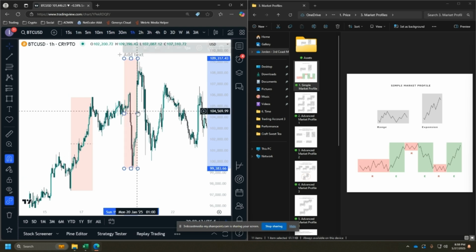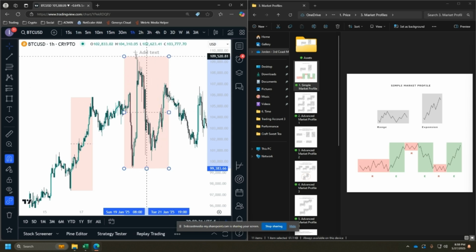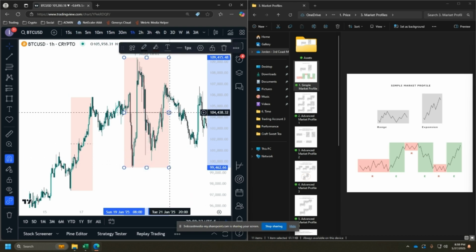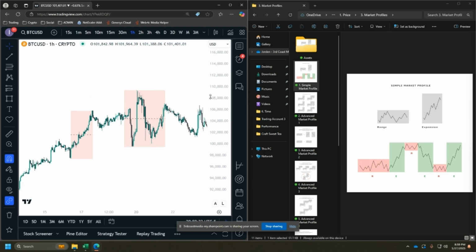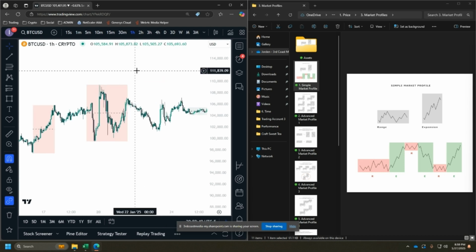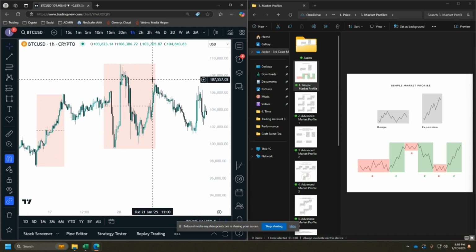Depending on the time frame that you're choosing to work with and the given time frame alignment based on the intervals you choose, you might see that the two simple market profiles can take shape in different forms, but overall they have the same characteristic.